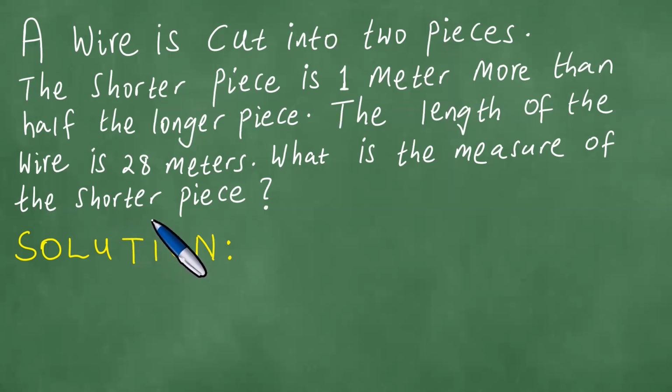Okay, so we have this question here, and we want to solve it. First things first, we can picture the situation and have a sketch of the wire that is cut.